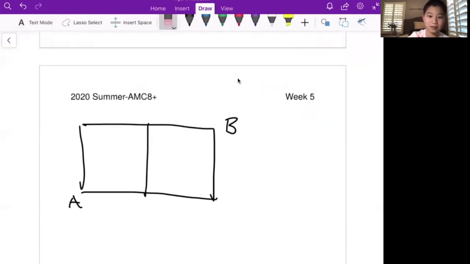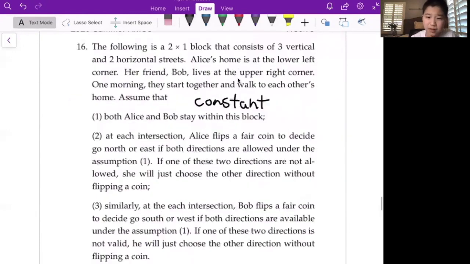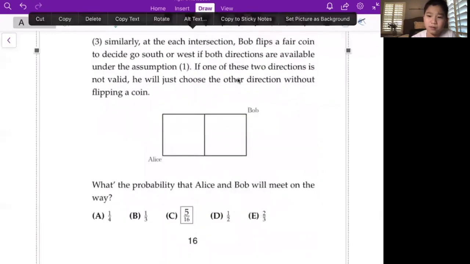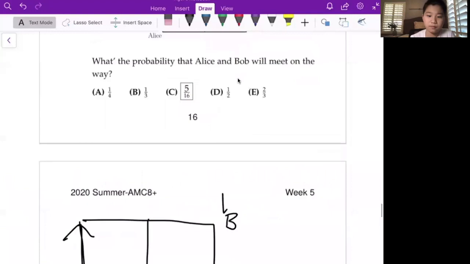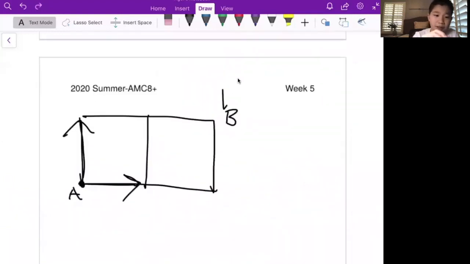Okay, so what that means is there's already a picture, but let's just use this one since we have already drawn it. So if she starts right here, then she'll flip a coin. If the coin lands heads, let's say she goes there, and the coin lands tails, she goes there. Was that what the problem says? Yeah. Okay.